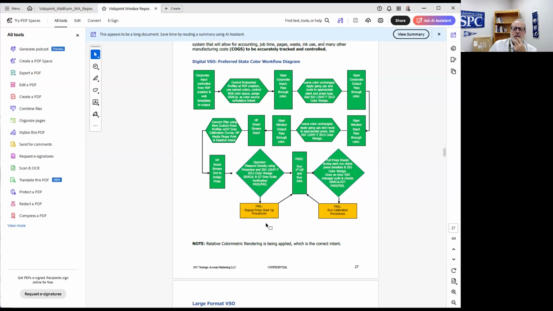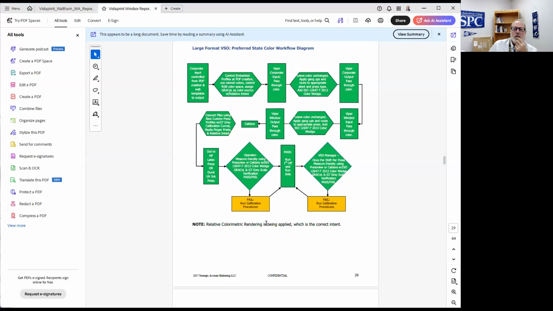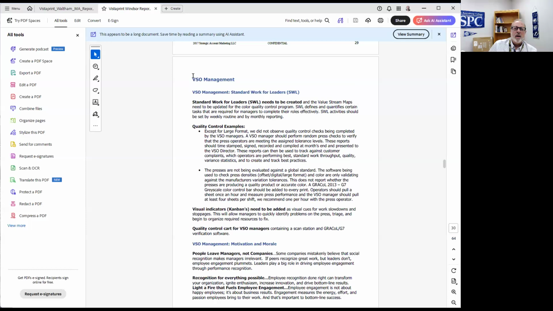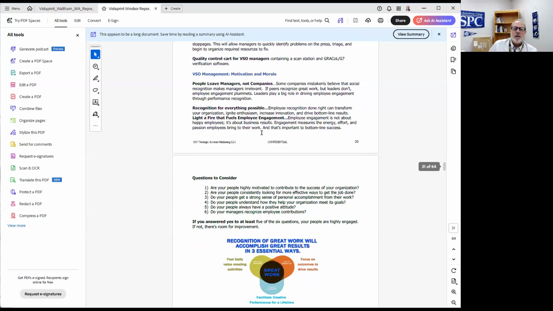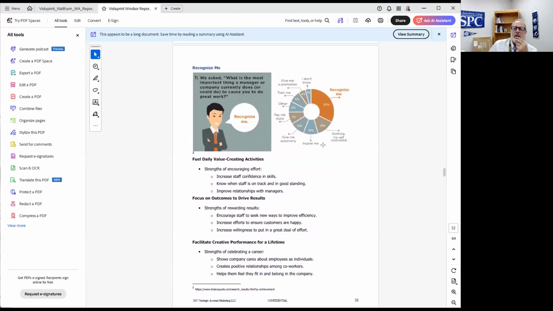Another process, right? Fully all green. And here's a little statement about their VSO management. Here they're a VSO management company, and yet they're not even reporting on the right data.